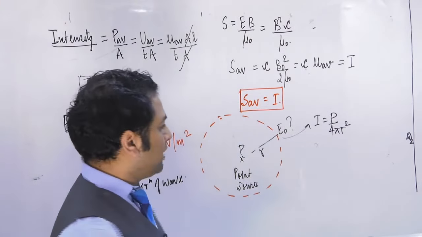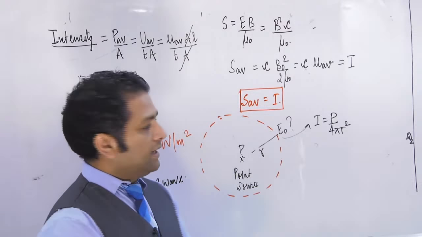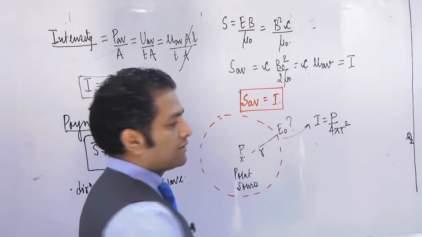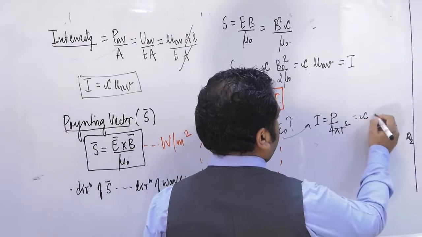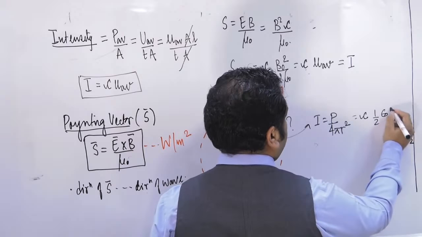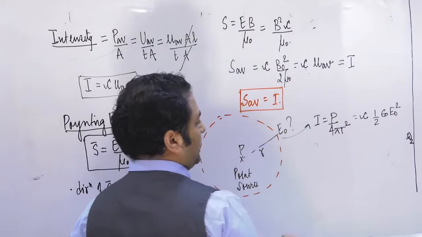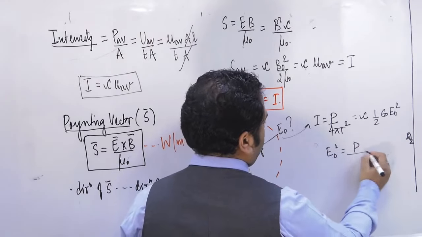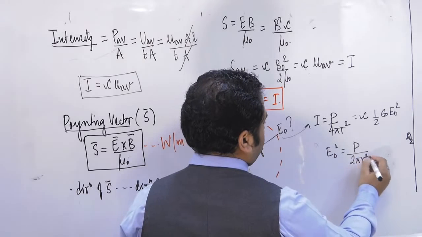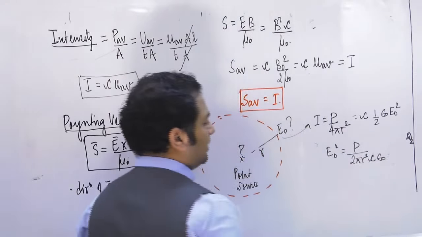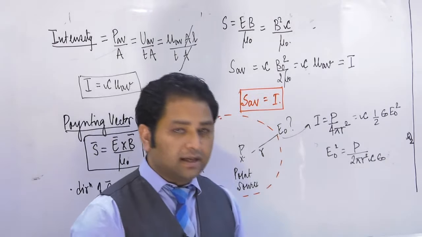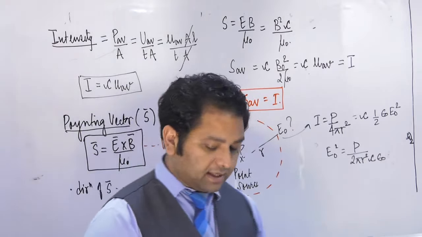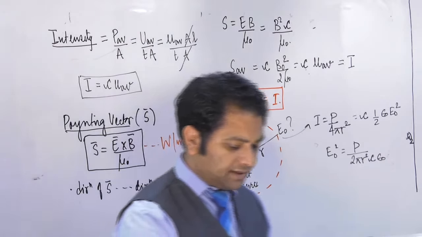P is the power, and intensity is power per unit area. That very intensity can also be written as C into U average. So you could see that C into U average is half epsilon naught E naught square. Yes, now this 2 gets cancelled. So E naught square is P by 2 pi R square C times epsilon naught. Rest, E naught you can easily find under root of that much. So that is another direct application and direct question based.